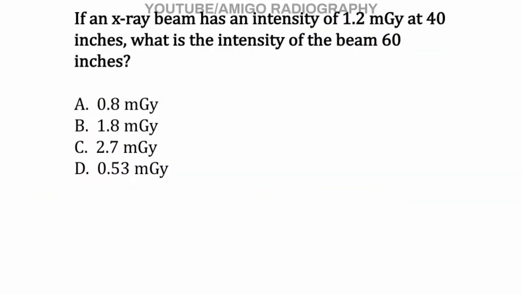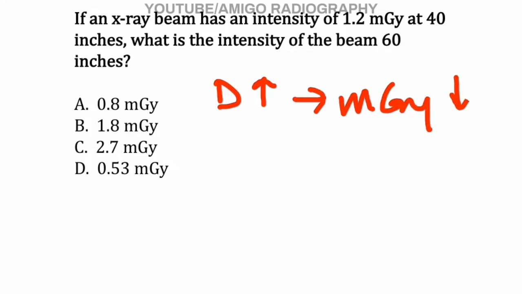In this question, if an X-ray beam has an intensity of 1.2 milligray at 40 inches, what is the intensity of the X-ray beam at 60 inches? So again, remember the fundamental idea of the inverse square law. If our distance is increasing, then the milligrays must decrease.